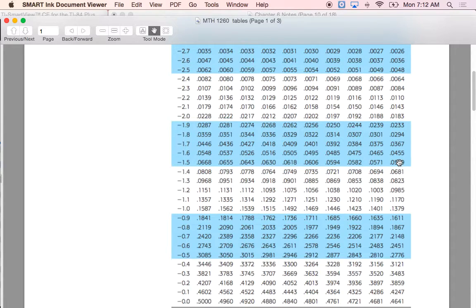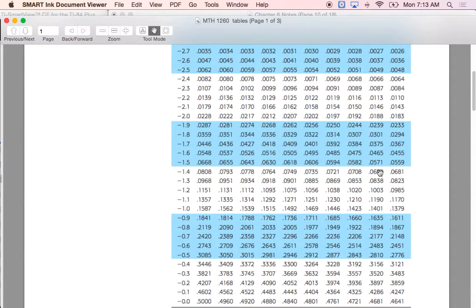So if I look inside of my table here for 0.07, right now I'm over here at 0.05 something, so I got to go bigger. If I go to the next row, I have 0.07s, and now I've got two numbers here, 0.0708, 0.0694. You want the number out of these two that is closest to 0.07. This one's 8 away, this one's 6 away.